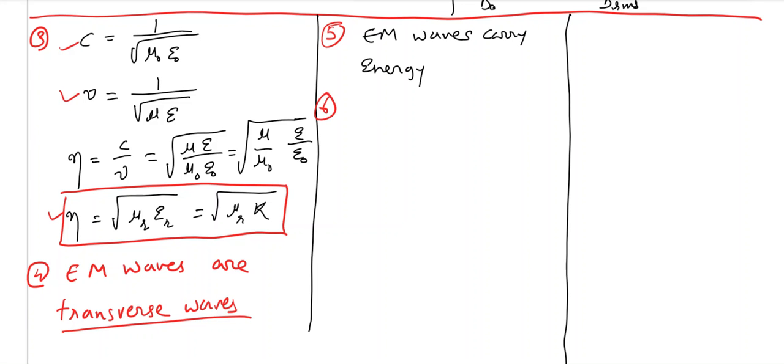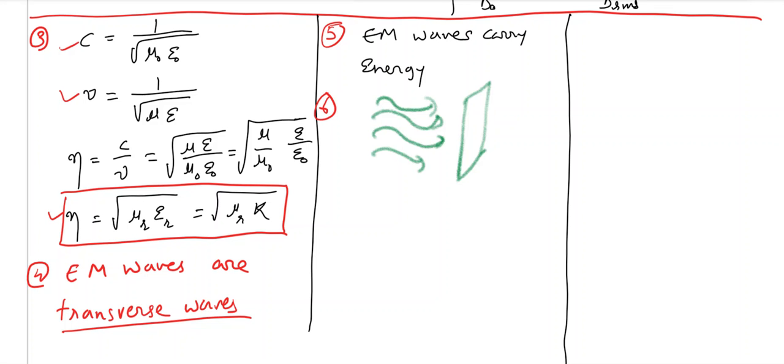Next, whenever electromagnetic waves fall on any surface, they are carrying energy with them, and hence the surface experiences pressure. So how do I know how much is the momentum transferred or how much is the force experienced by the surface?